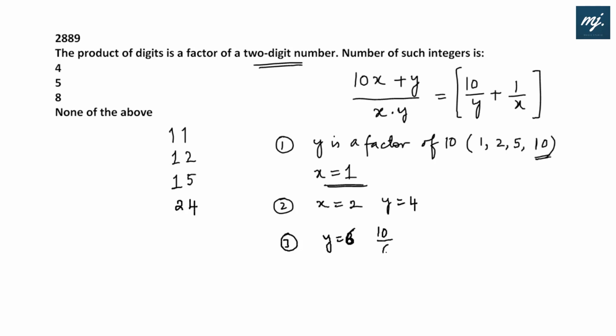Then 10 by 6 will become 5 by 3. To make this a whole number, this should be 1 by 3. So this will become whole number 2. So x is 3, y is 6. Shall we try? 36 is divisible by 6 into 3, that is 18.